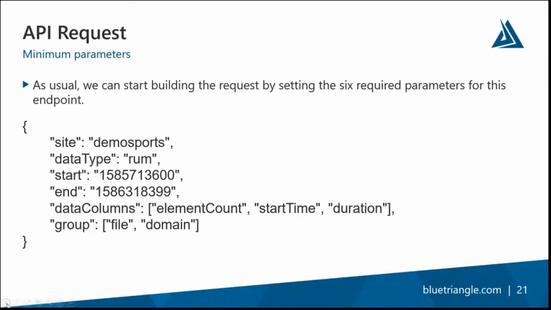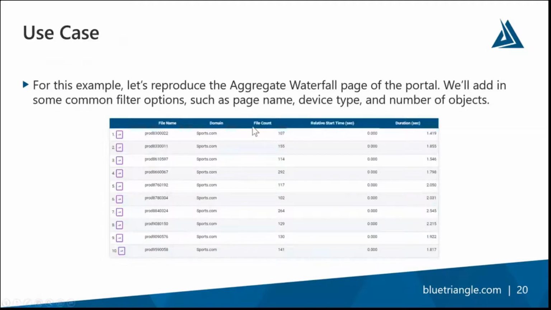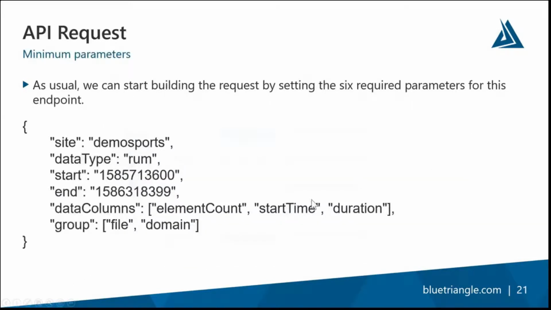So I'll just go back a slide, and so this file count here is the element count, relative start time is the start time, and this is basically the time the file started loading on average relative to the beginning of the page load or navigation start. And then duration is obviously duration. All right, and then we're going to group by file and domain.